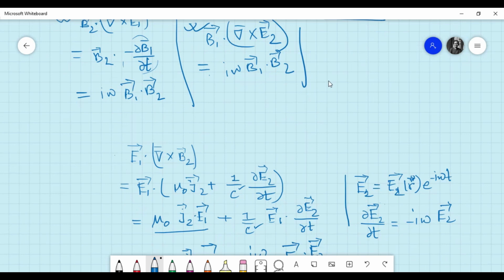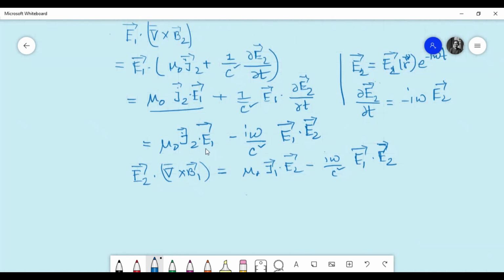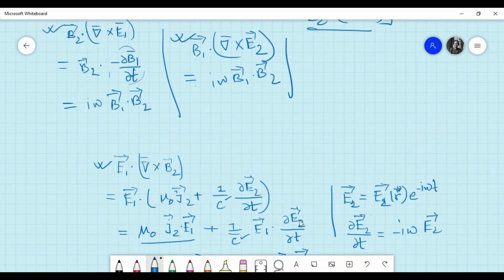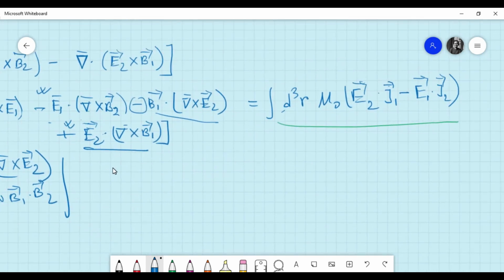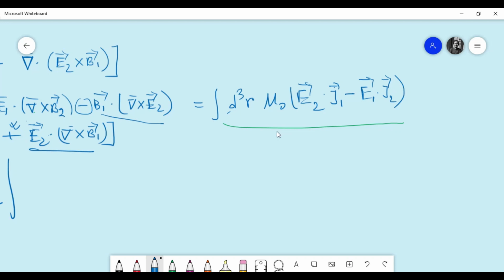So as we have calculated here, these two terms are present on both of these expressions, so that due to the presence of opposite sign there, these two terms will cancel each other. And so the remaining terms will be this and this. Using that, we can simply write this result. And that's actually the statement of Lorentz reciprocity theorem. And that's how Lorentz reciprocity theorem is proved.